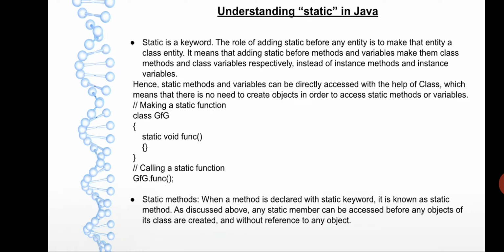See, when we say class method and class variable, it can be accessed just by using your class name. But when you say instance method and instance variable, whenever you hear the term instance, it by default means that you should be creating an object for a particular class. Then only you are instantiating, isn't it?